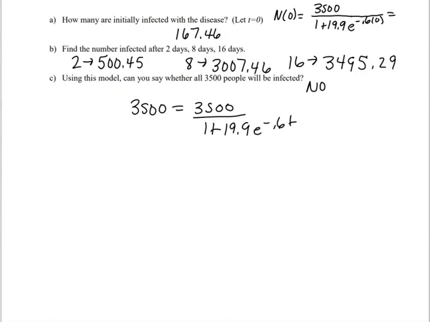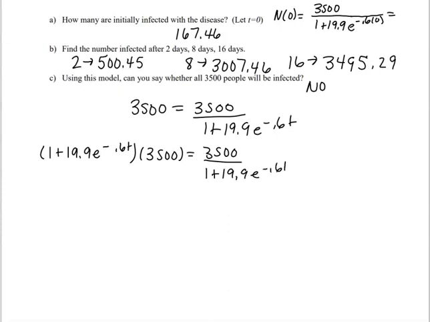So to work this problem out, I'm going to get this 19.9 e to the negative 0.6 t and move it to the top of the fraction. So what I'm going to do is multiply by that on both sides of my equal sign, because that's going to force that to cancel out on this side, and these are going to be gone.